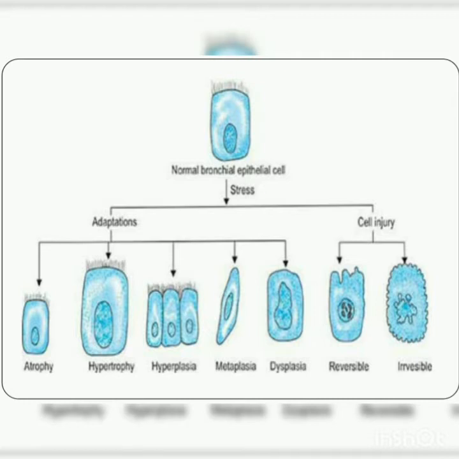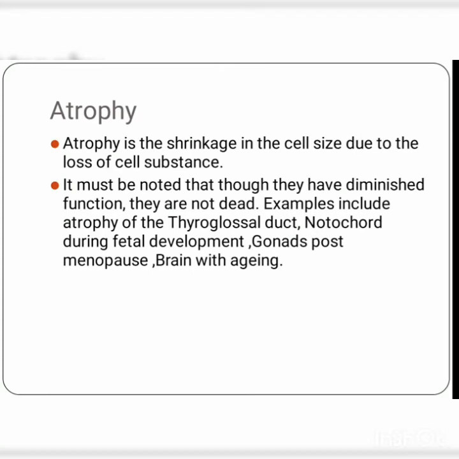The major ways by which the cell adapts are atrophy, hypertrophy, hyperplasia, metaplasia, and dysplasia. In this video, we'll deal with two of the adaptations, atrophy and hypertrophy. So the first question, what is atrophy?